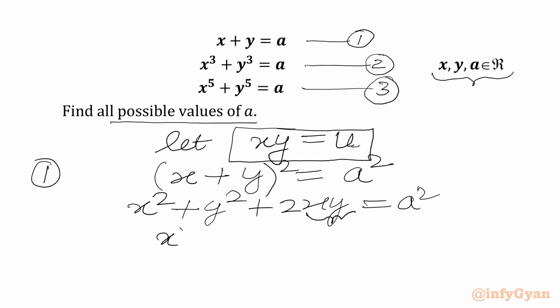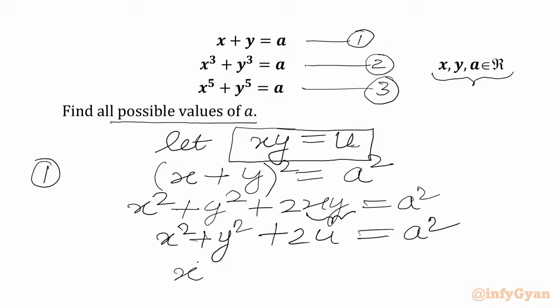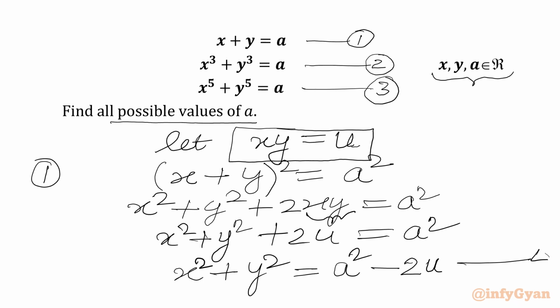I will write x square plus y square plus 2 times u equal to a square. Or we can subtract 2u from both the sides and get the value of x square plus y square, which will be equal to a square minus 2 times u. And here we will write equation 4.